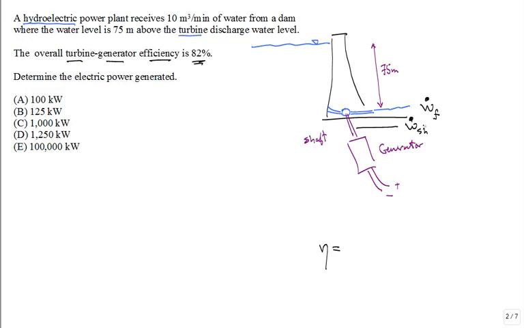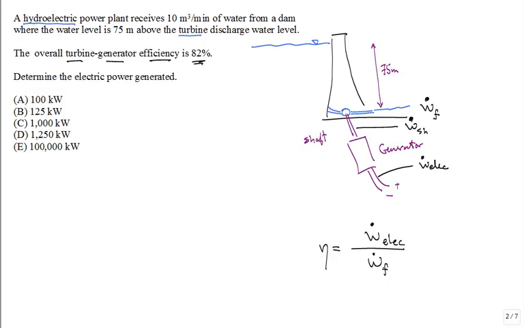And if the electric generator was 100% efficient, it would convert it all into W dot electric. But it's described to have a turbine generator efficiency of 82%, and that is how much gets eventually to where we want it to get to. We sell electric power compared to what comes out of the fluid stream.